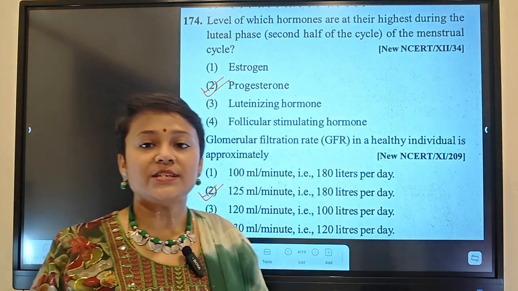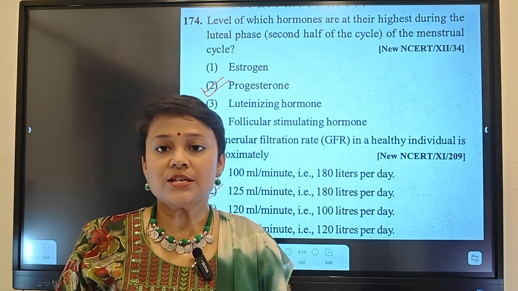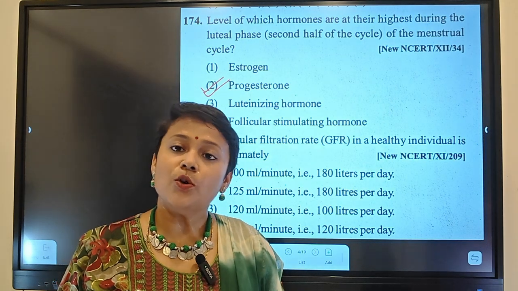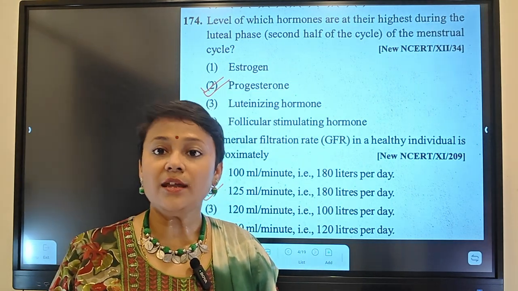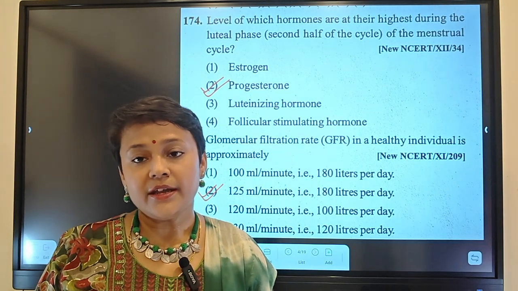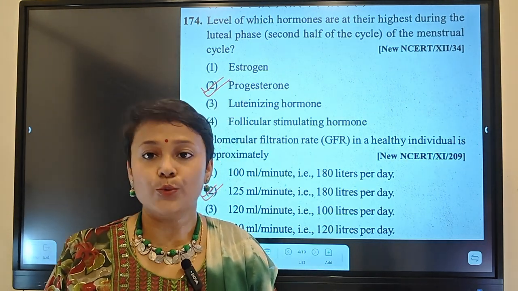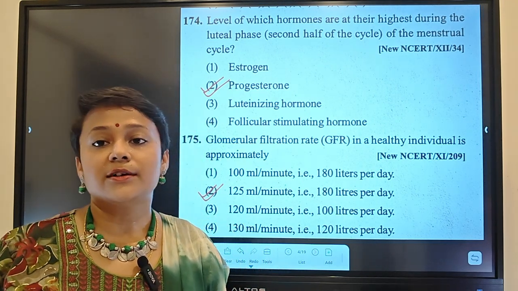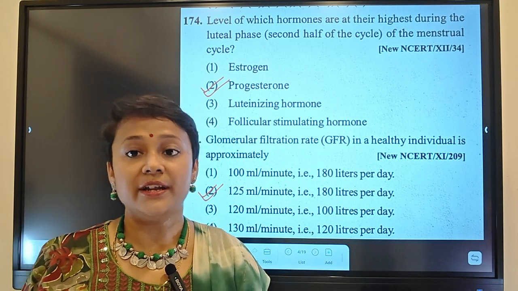Another data I want to mention here: the filtration of blood, I mean how much blood will be filtered by the kidney per minute, is equal to 1/5 of cardiac output. Cardiac output means the amount of blood ejected by each ventricle per minute.